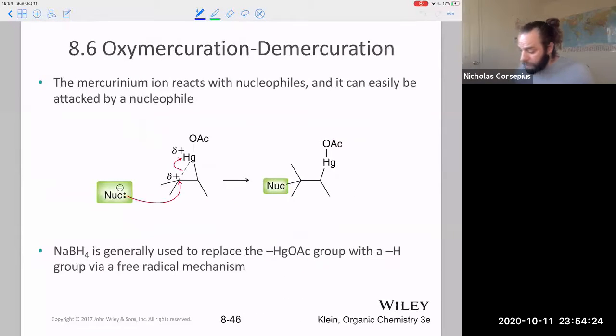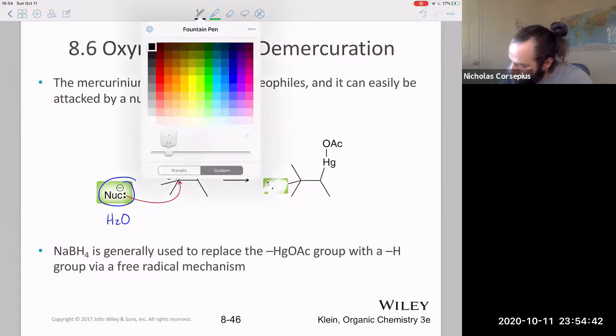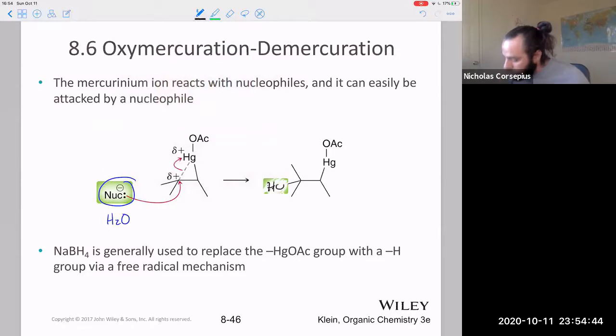The other last thing to be said with regard to the oxymercuration demercuration is it actually works with any nucleophile, not just H2O, which is what we've been doing, which would then lead to an alcohol group on that more highly substituted carbon. You can do this with any weak nucleophile.